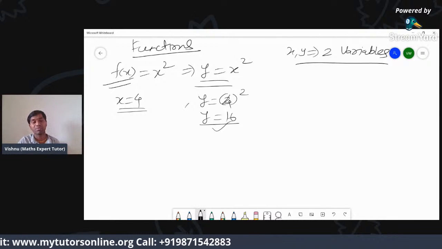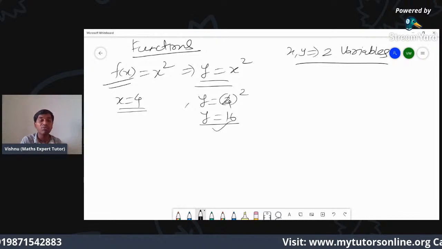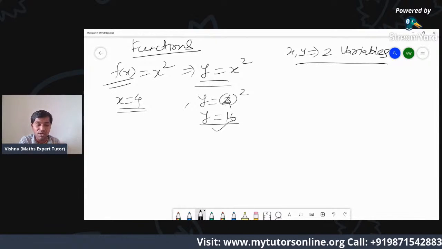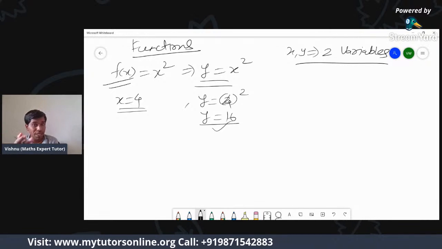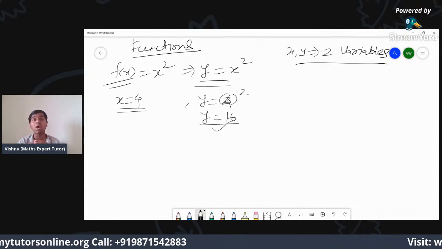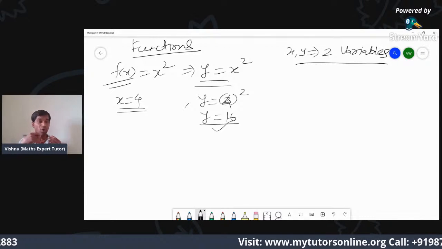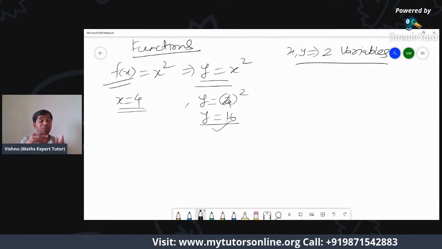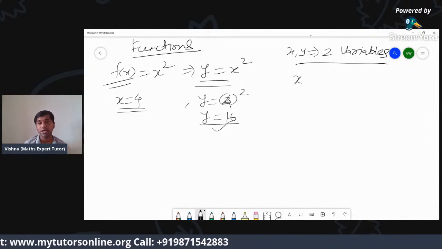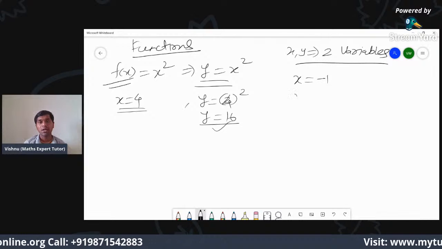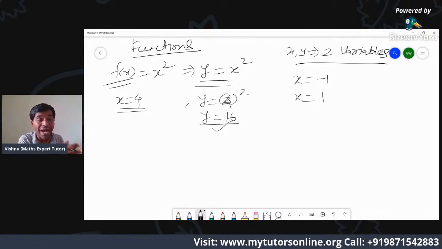This is the function. If there are more than one variable, and one variable having real values also gives the real value of another variable, here it is y, then it is called a function. Now for the same value of y, it is possible that x can have different values. For example, if x is -1 and x is 1, for both these values of x, y has the same value.